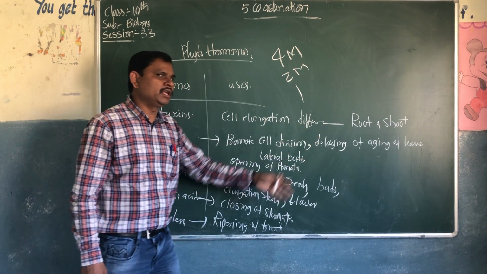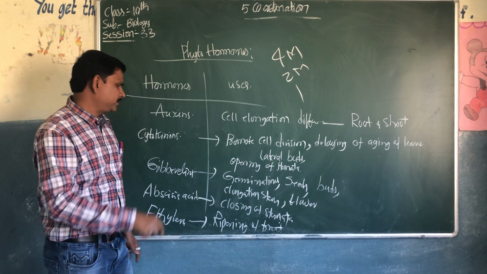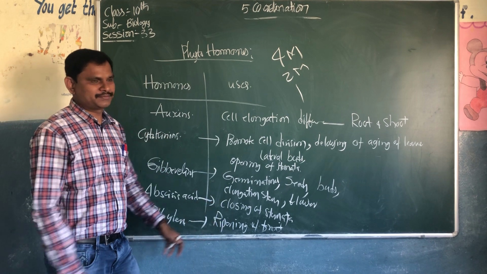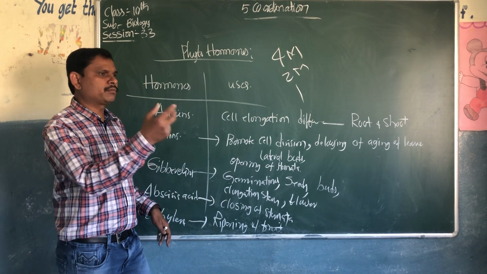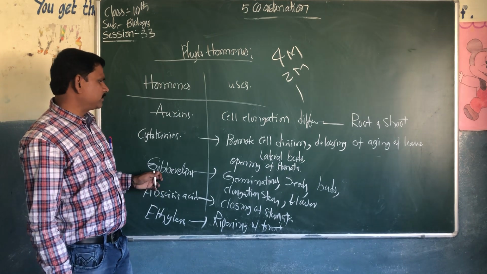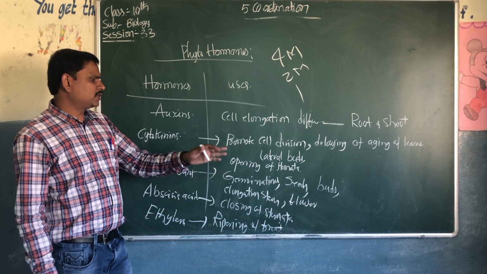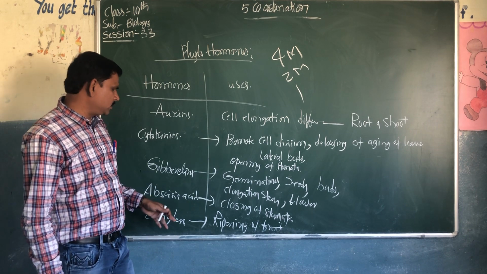Cytokinin delays aging of leaves, so the leaves will be delayed from falling from the trees. Abscisic acid promotes aging of leaves. When abscisic acid is released, the leaf will fall from the trees. Gibberellins: germination of seeds, buds, elongation of stems, stimulates flowers.